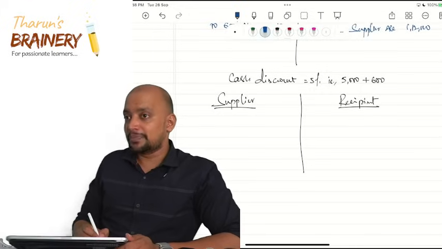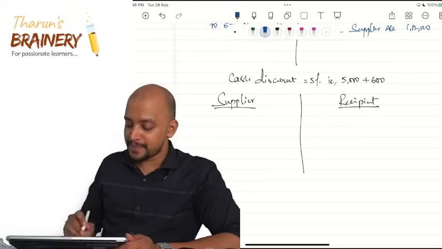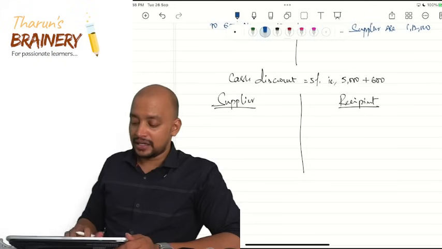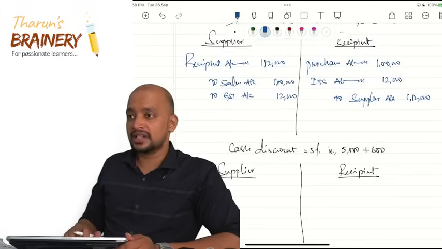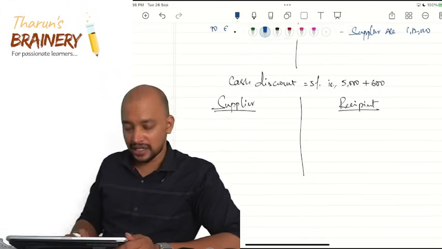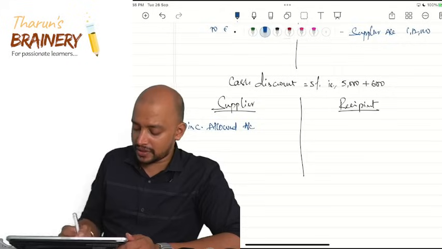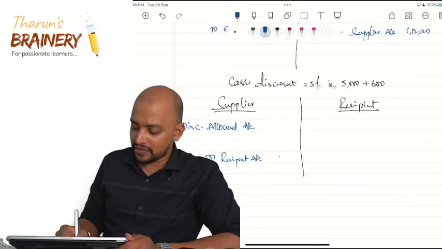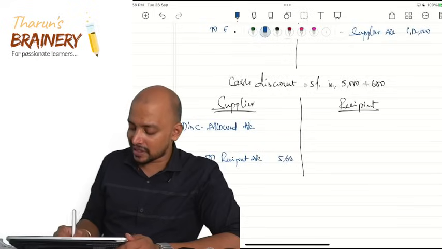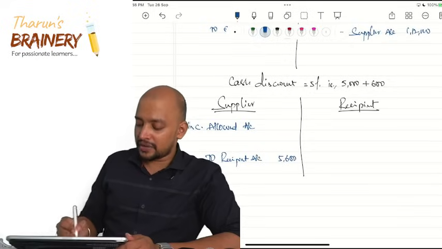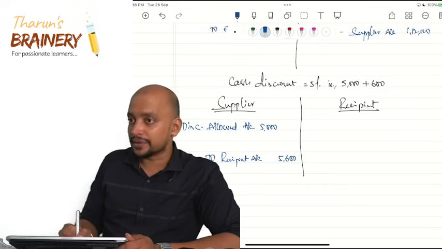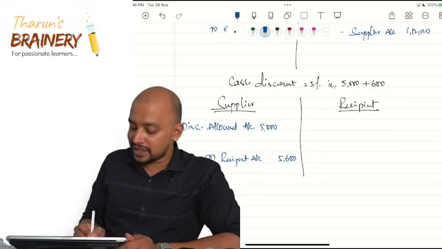In the books of supplier it will be cash discount here. Discount is lost to him. Correct? Discount allowed account to recipient account. Recipient account will be credited for 5,600. Discount allowed account debit is 5,000. And what is this?